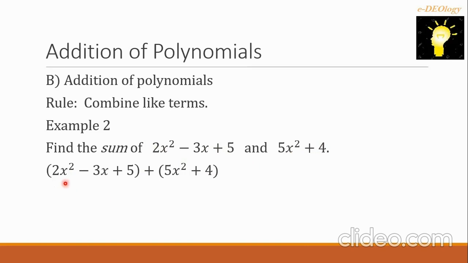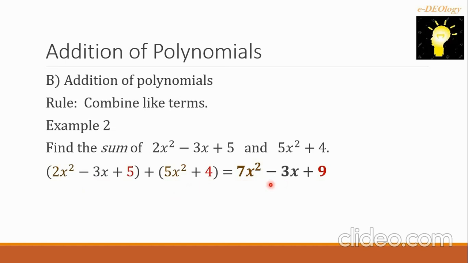So here we have 2x squared. Here there is 5x squared. We can write the answer as 7x squared. And for the negative 3x, there is no term in the other group with x as literal coefficient. So the negative 3x we can directly place in the sum.